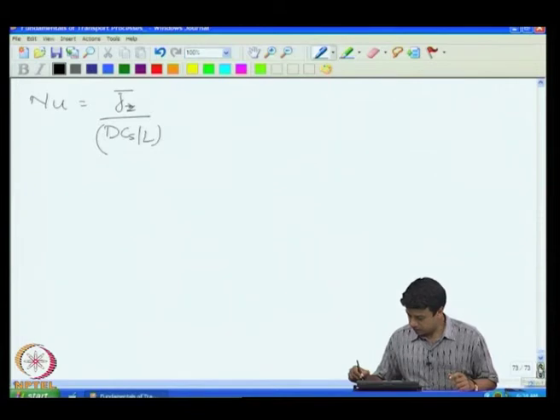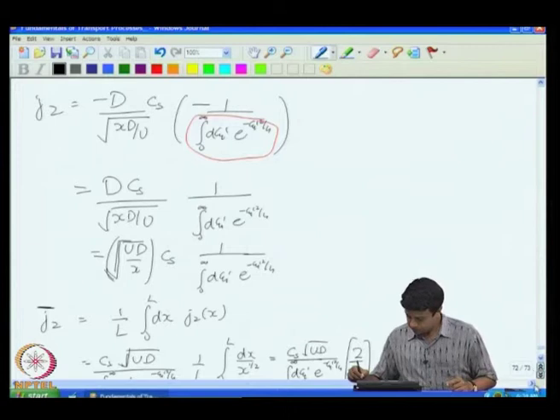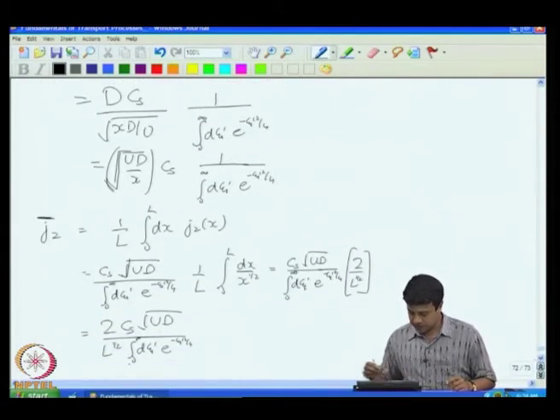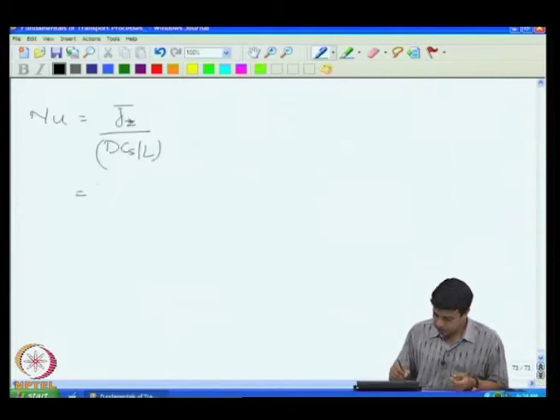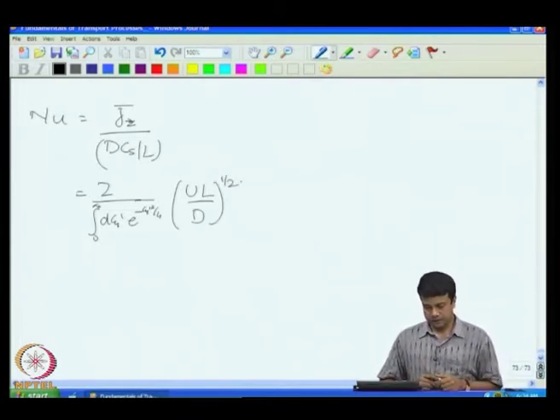So, if I do this, from this expression what I will get is 2 by integral 0 to infinity d psi prime e power minus psi prime square by 4, into uL by D to the power half.